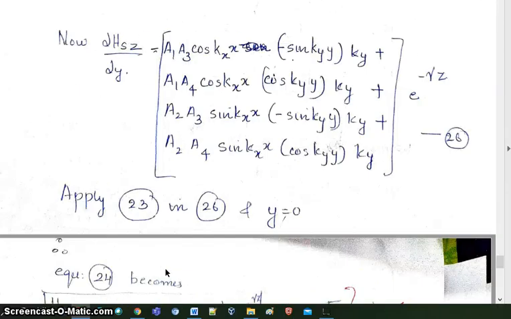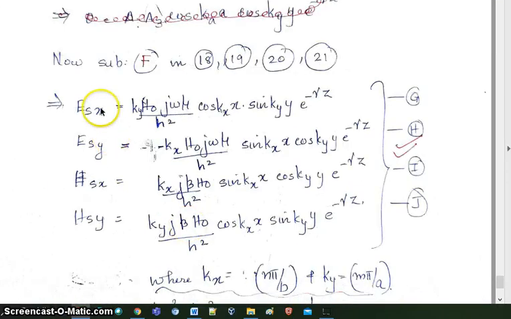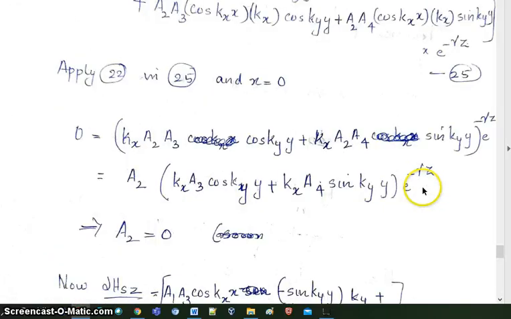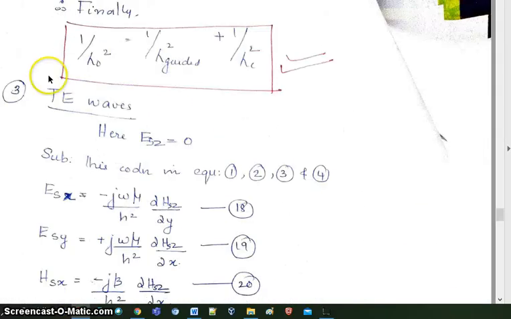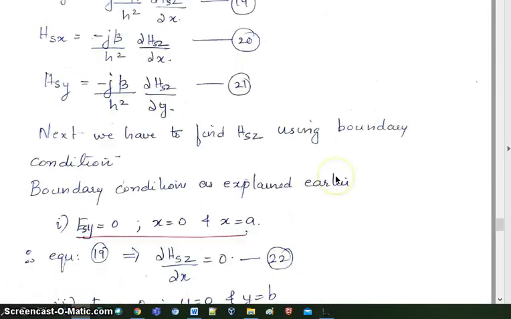And finally, I will get these four terms Esx, Esy, Hsx, Hsy, that is marked as G, H, I, J, which are the components of my TE mode, as you can see here.